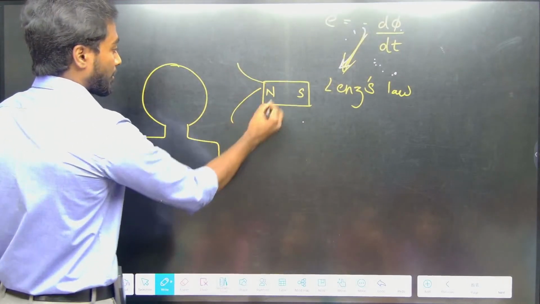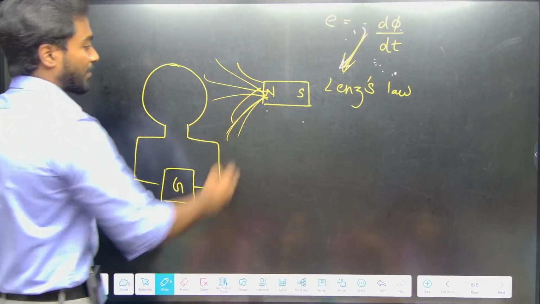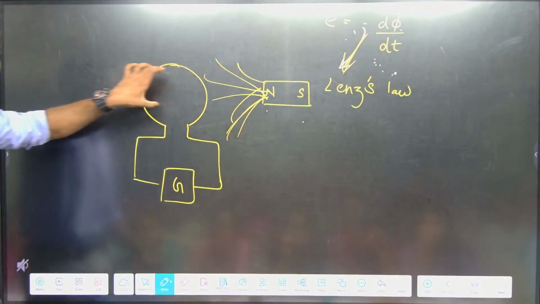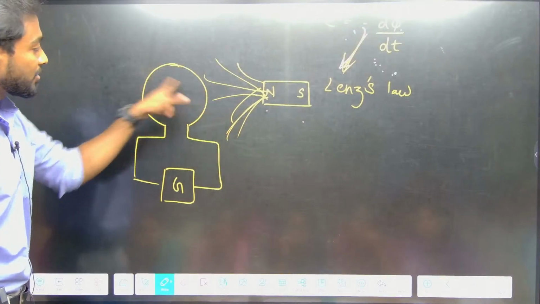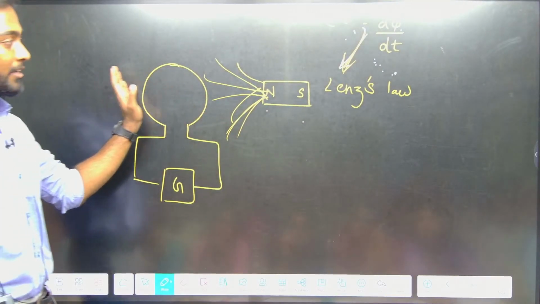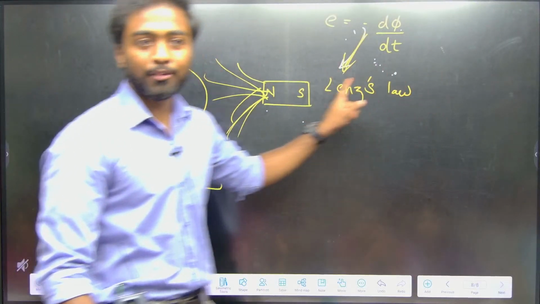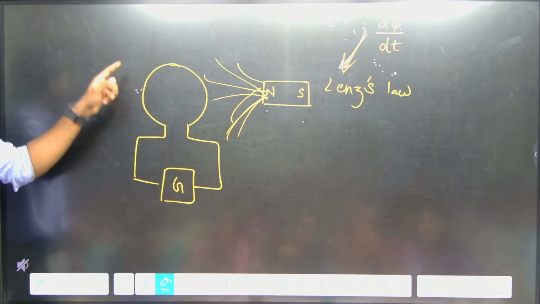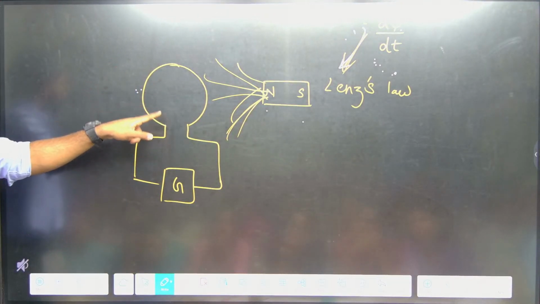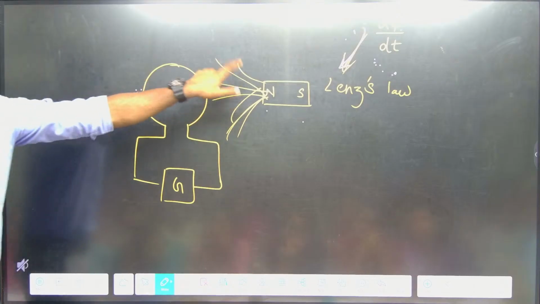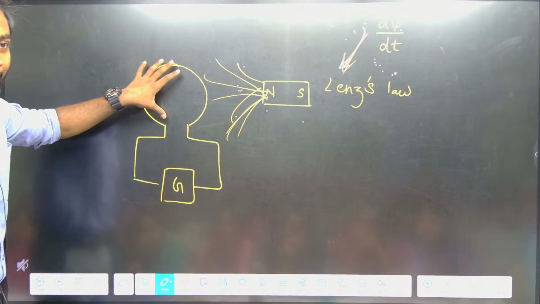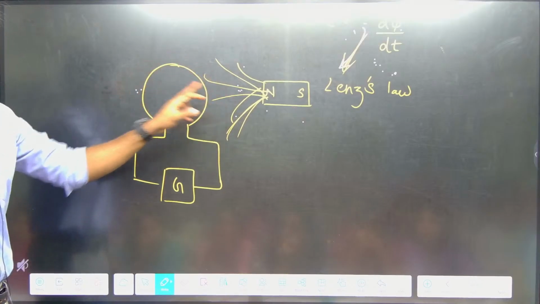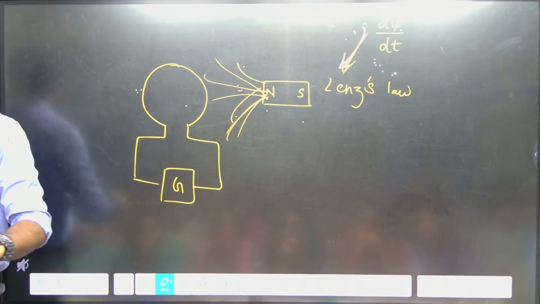If I go near the conductor, the number of field lines passing through the conductor will be more. When I take it away, the number of field lines passing through the conductor will be less. So due to the change in magnetic field lines, when I pass these field lines through this area, flux is produced.